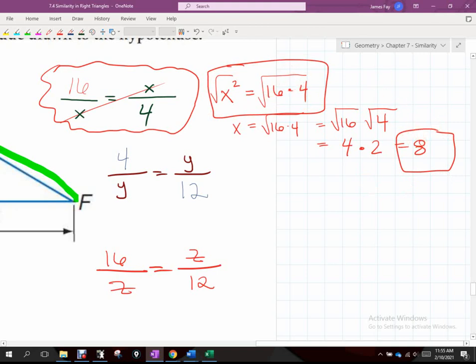Okay? If you're not able to do that, and you just say, okay, I'm not going to foreshadow, I'm going to go x squared, 16 times 4 gives me 64, square root both sides. That's going to lead to x equals, what's square root of 64? Still 8. So either route will work.